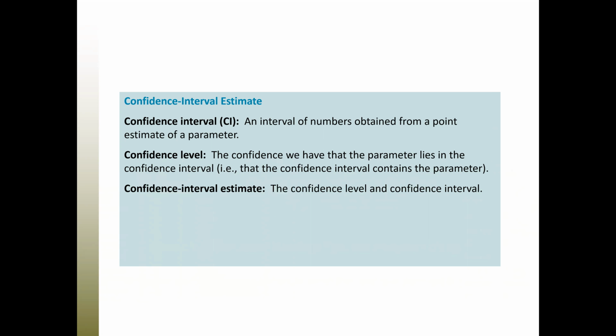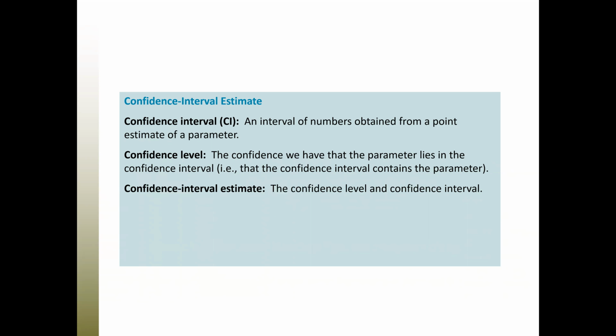A confidence interval is an interval. It's a range, an interval number obtained from a point estimator or estimate of a parameter, with the sample mean in this case as the center, and with the margin of error to build this width, this interval. I'll show you the detail.